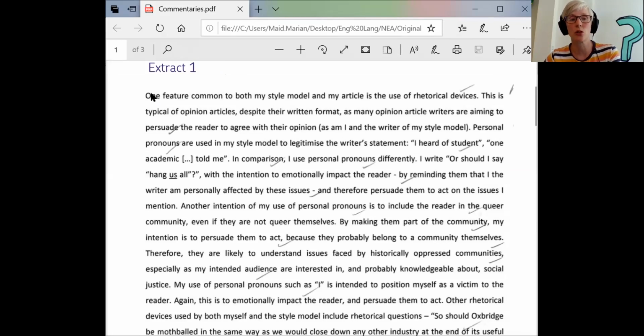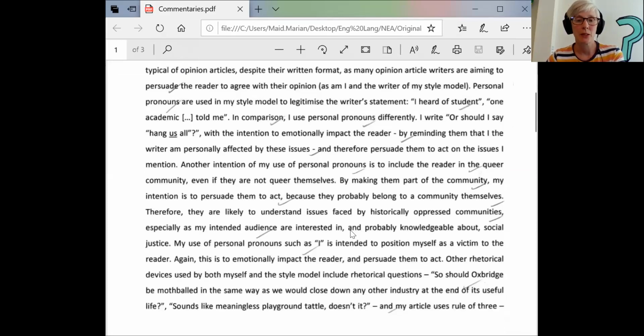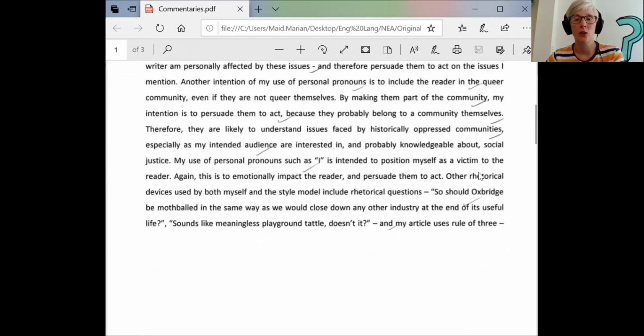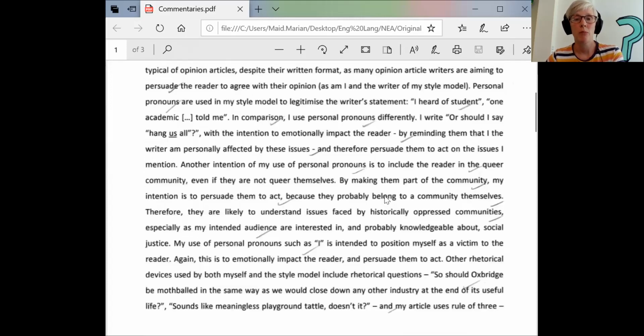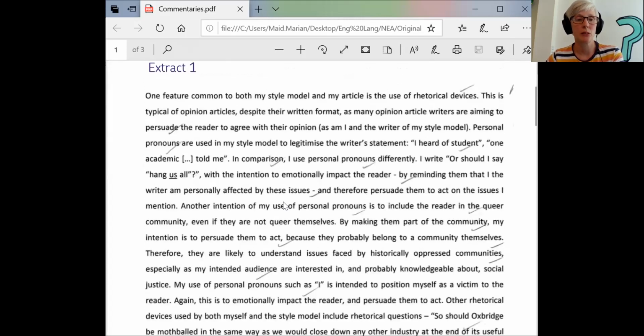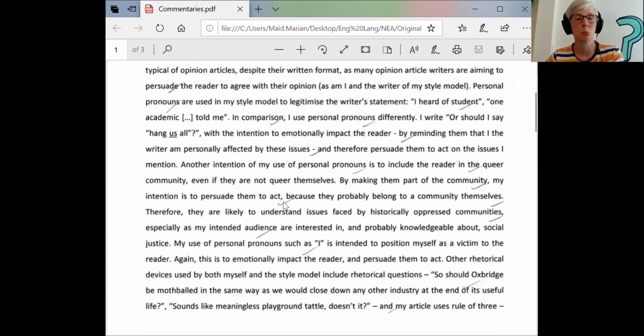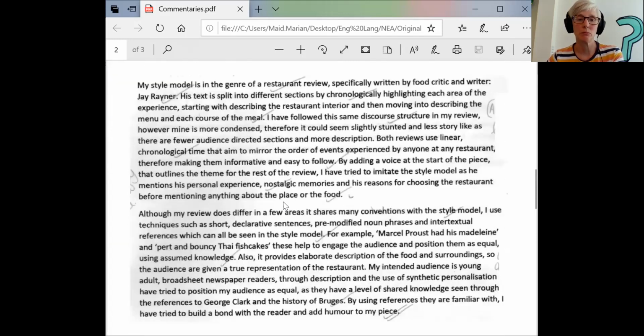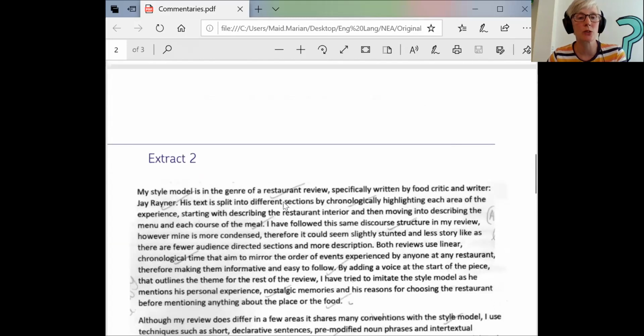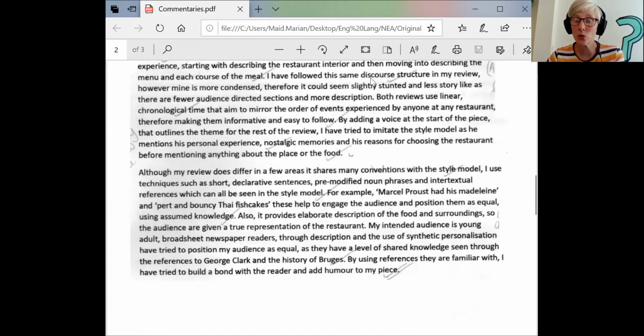So this one starts, one feature common to both my style model and my article is the use of rhetorical devices. And then another rhetorical device used by both myself and the style model includes rhetorical questions. This is the one about the restaurant review, text example extract 2, talking about discourse structure.